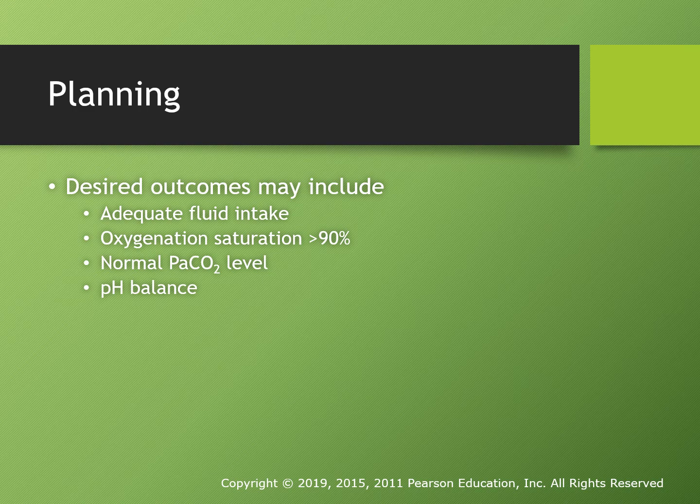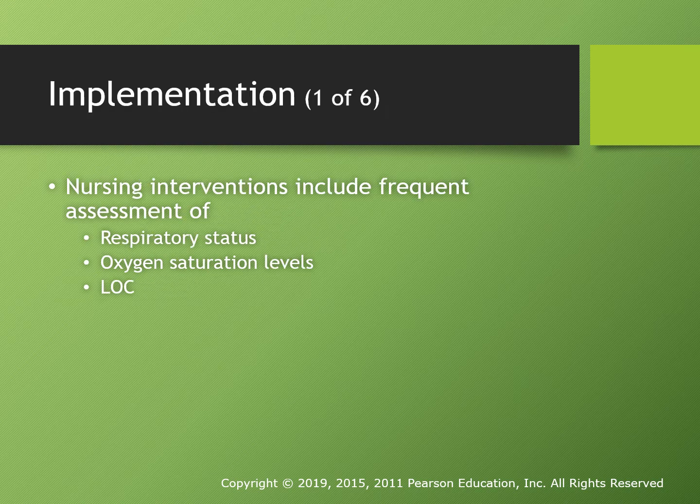Planning, our desired outcomes. Planning for the patient with respiratory acidosis involves restoration of acid-base balance and appropriate treatment for any underlying disease or cause. Expected outcomes include resolution of the underlying illness and the patient maintaining adequate fluid intake, so staying hydrated, adequate oxygenation saturation greater than 90%, normal PaCO2 levels, and maintaining pH balance.